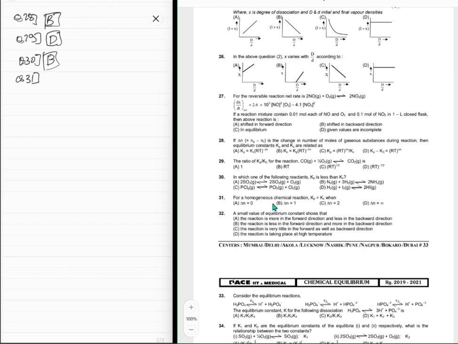Homogeneous just means that the phase of all reactants is the same. Yeah, that's what it means, I think. So what is the reaction that has delta N gaseous equal to 0? What's that called? I don't remember it. But this happens when delta n is 0. Question number 31, 8.